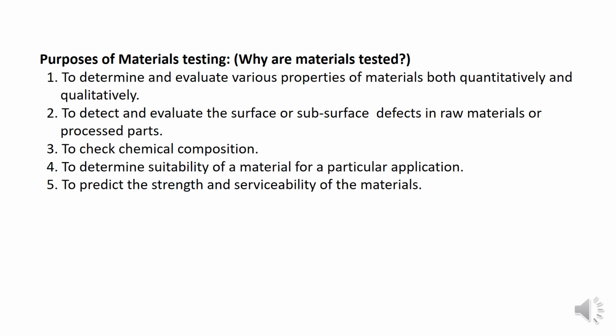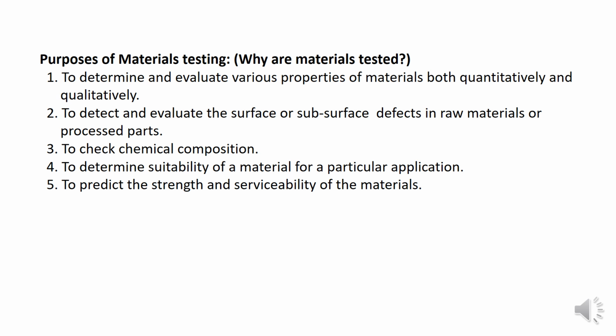Next, purpose of material testing. That means why we are going to test the material. So the first aim is to evaluate the properties of materials, because different materials exhibit different properties.